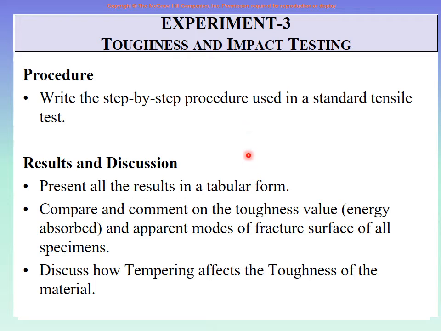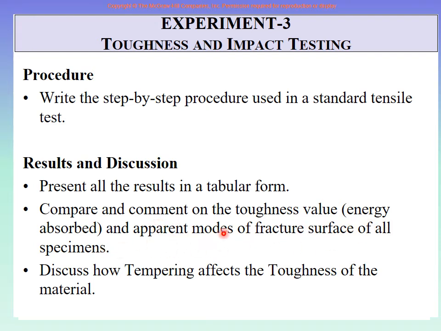You have sample 1, sample 2, sample 3, sample 4, and you have their impact toughness values in energy units. And this is 200 tempering, this is 300 tempering, 400 tempering and so on. Compare and comment on the toughness value, which is the energy absorbed, and the apparent modes of fracture surface of all specimens.